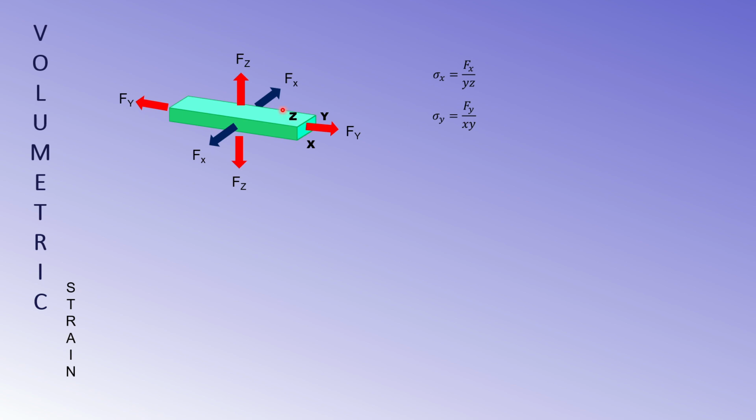Now if we consider the force Fz alone, the area will be the x length multiplied by the z length, being perpendicular to the force Fz. And we know the original volume is the x length times the y length multiplied by the z length. So that gives you the volume.